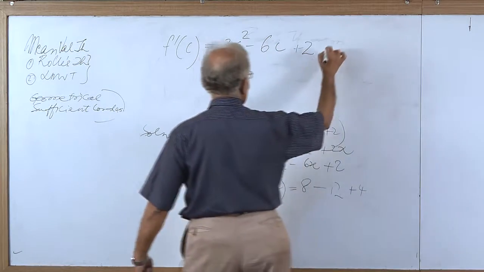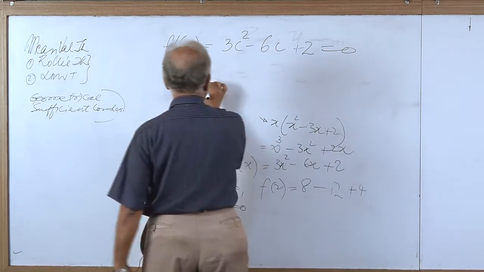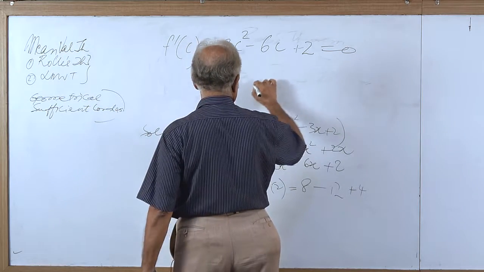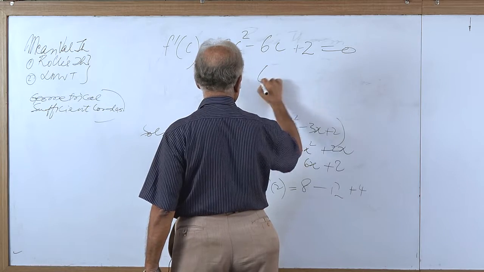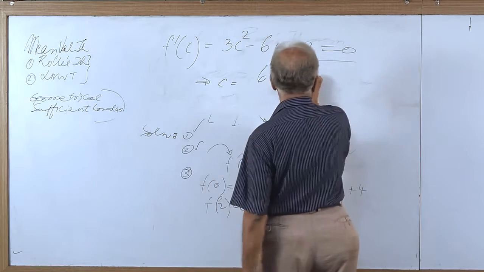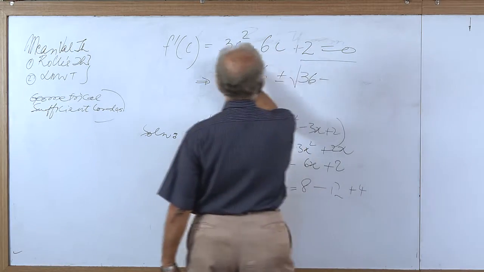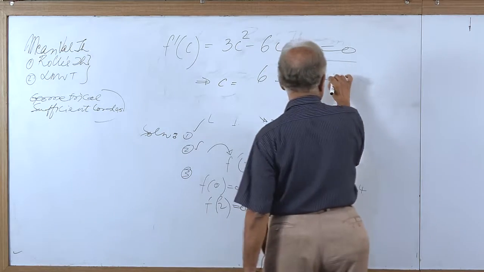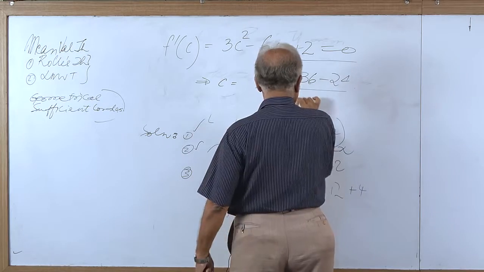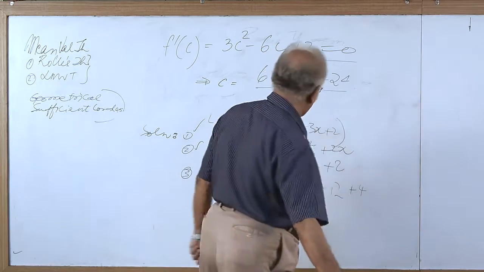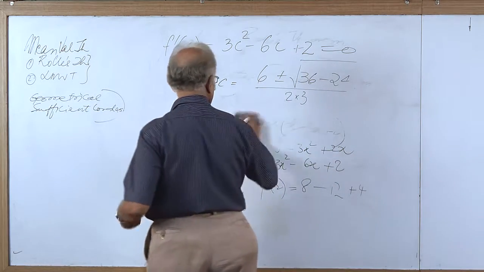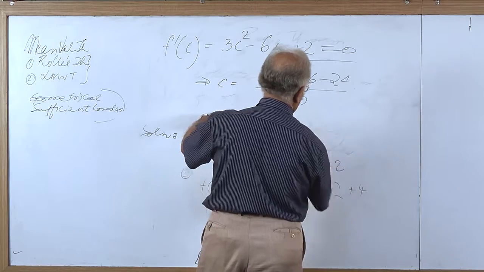And if we equate this to 0, that would imply that c is minus b, that is 6, plus minus the square root of b² (36) minus 4ac (24), by 2a, which can be simplified to 6 plus minus the square root of 36 minus 24, which is 12.